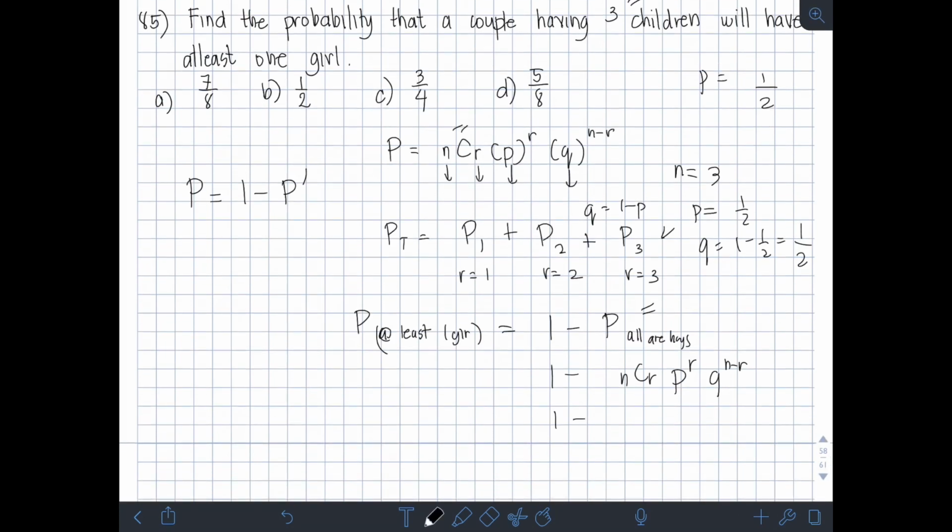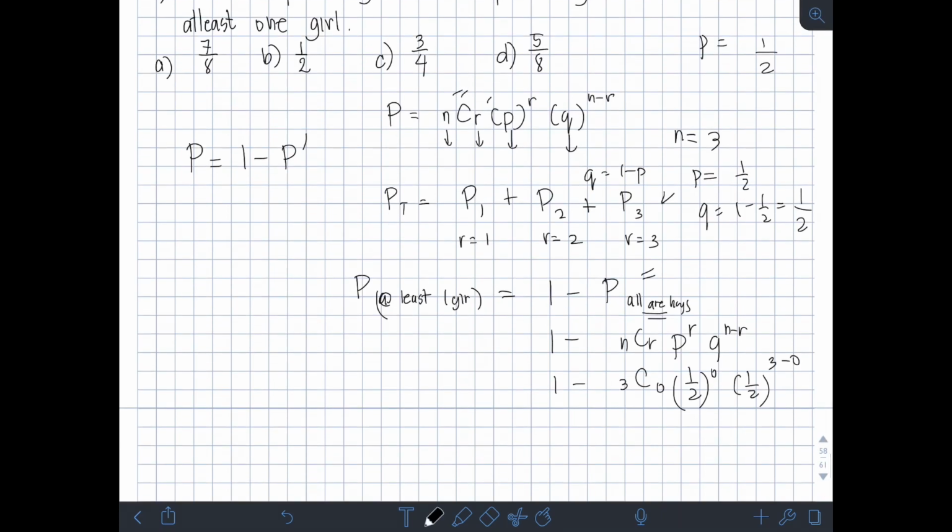So, 1 minus, N natin is 3, CR. So, dahil all are boys, yung probability na kinukuha natin, therefore, wala tayong girls. Or yung number of success natin for girl is 0. And then, P raised to R, so 1 half raised to R, 0. Then, Q is 1 half, then raised to 3 minus 0. So, ito is 1 lang.